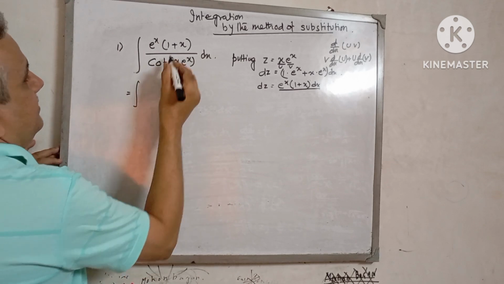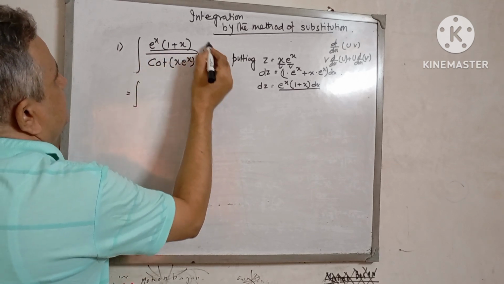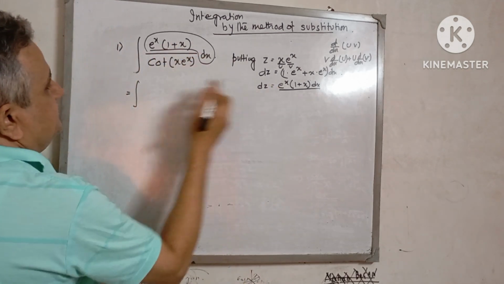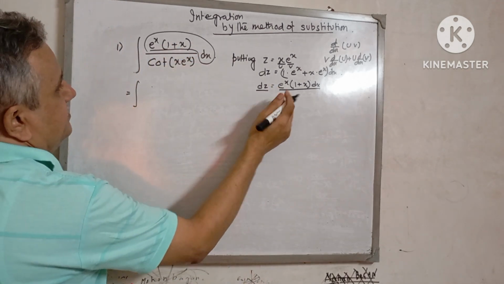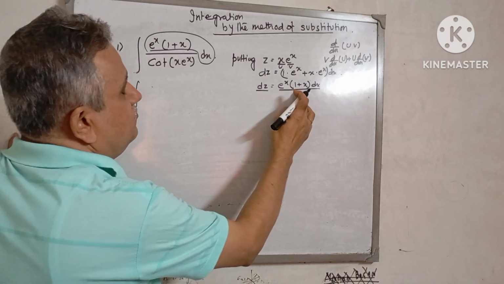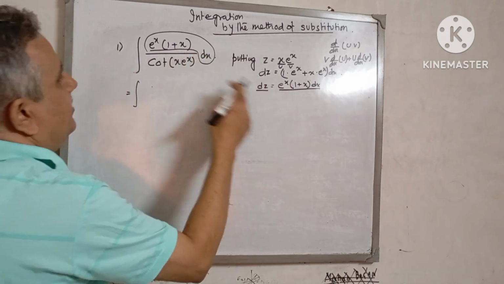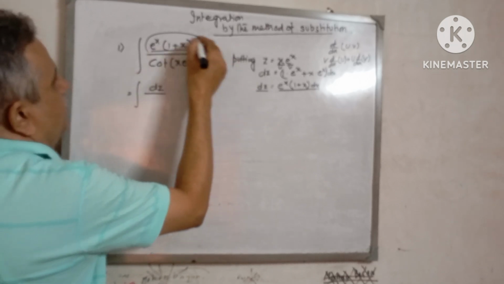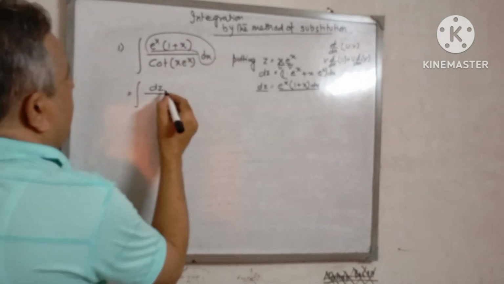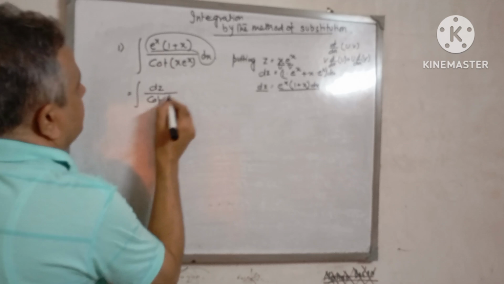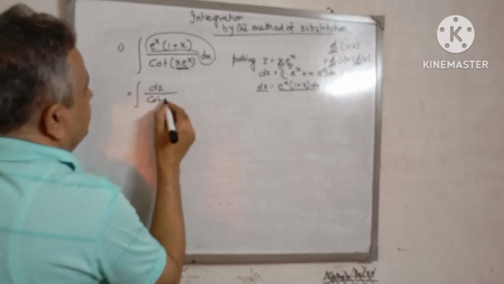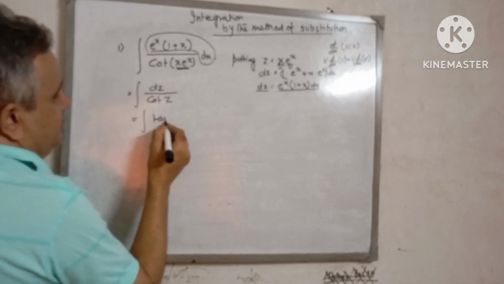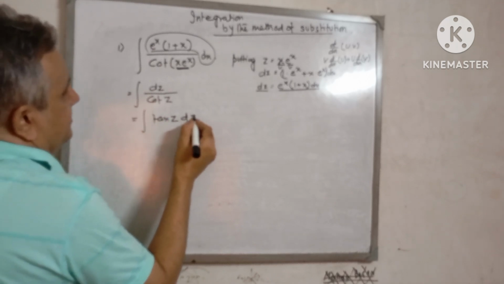Now we can write in place of this just dz, because e to the power x into (1 plus x) dx is equal to dz. Here we replace that whole thing with dz, and the denominator is cot z, as z is x e to the power x. So now 1 by cot z is tan z.